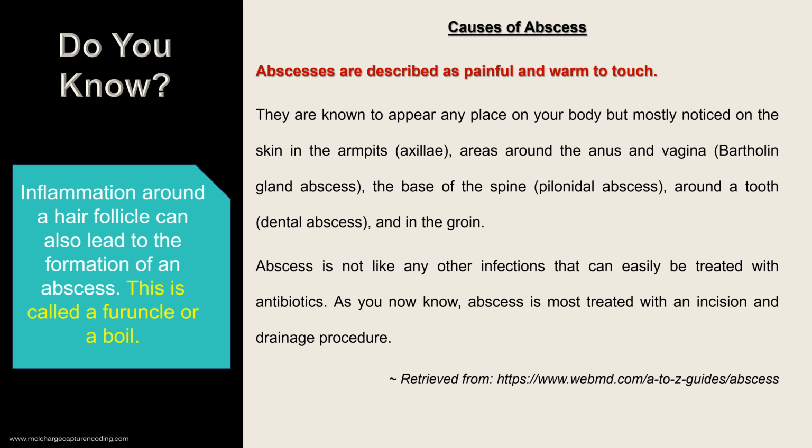The abscess found in areas around the anus and vagina are commonly called Bartholin gland abscess. The abscess on the base of the spine is called pilonidal abscess, while around the tooth is the dental abscess. Abscess is not like any other infections that can easily be treated with antibiotics. As I've discussed earlier, you now know that abscess is mostly treated with an incision and drainage procedure.